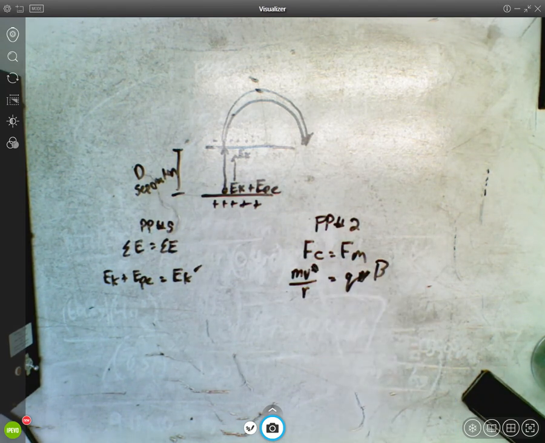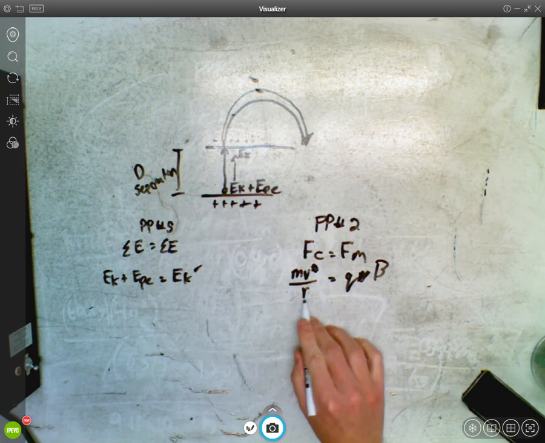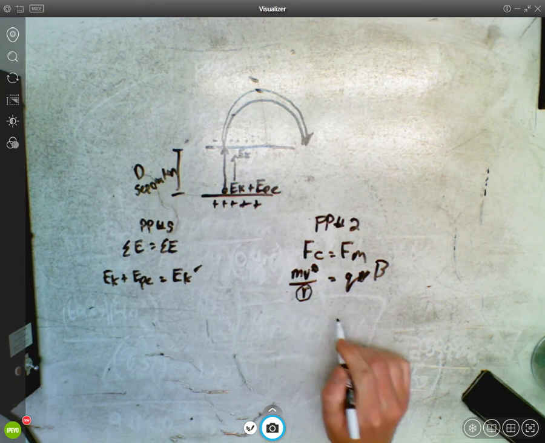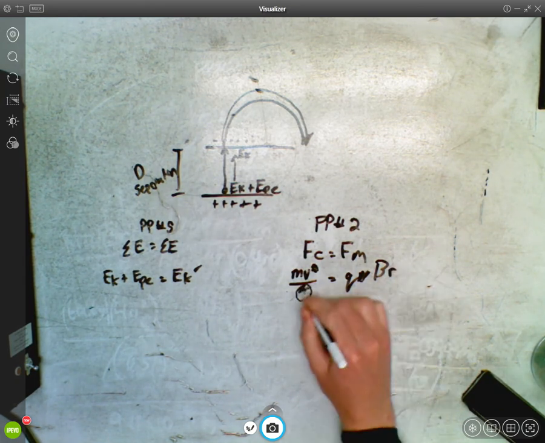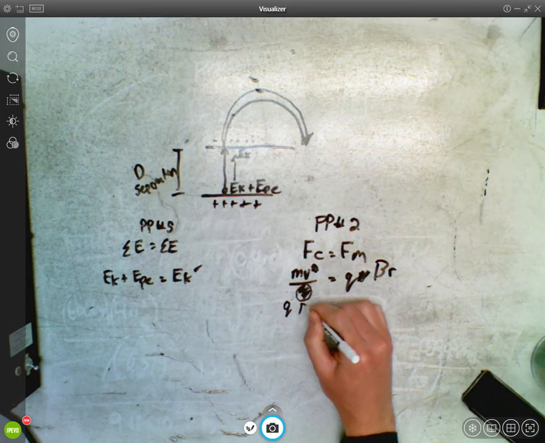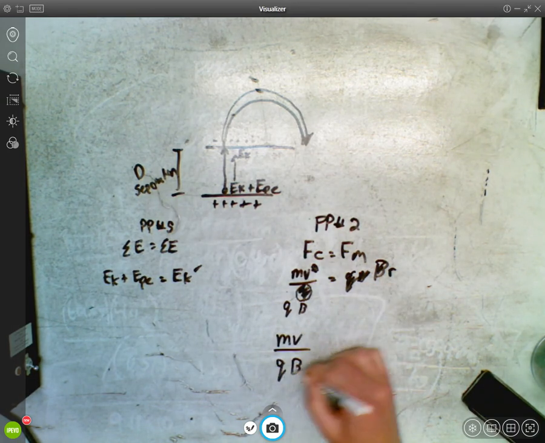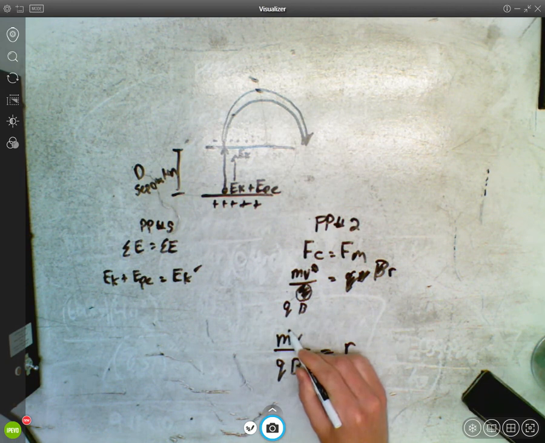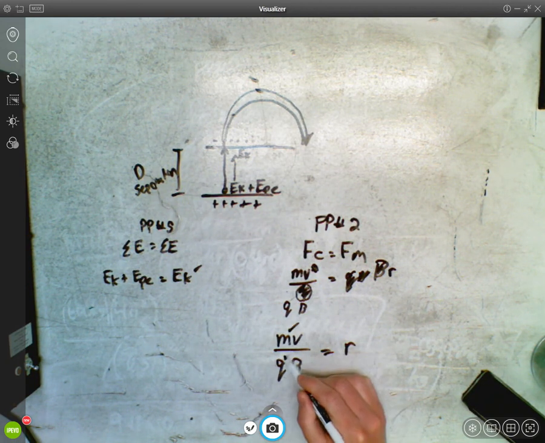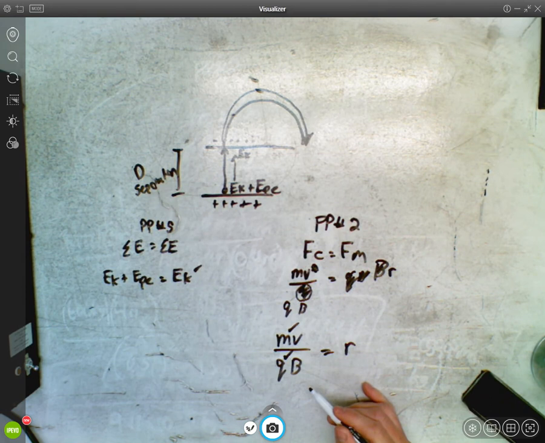So in this question, they're asking for the radius of curvature. So they're asking for this right here. So I'm going to move that r up top, and then the qb down below. So we get mv over qb is equal to r. We know the mass of a proton. We know the charge of the proton. And the question tells us the magnetic field, right?